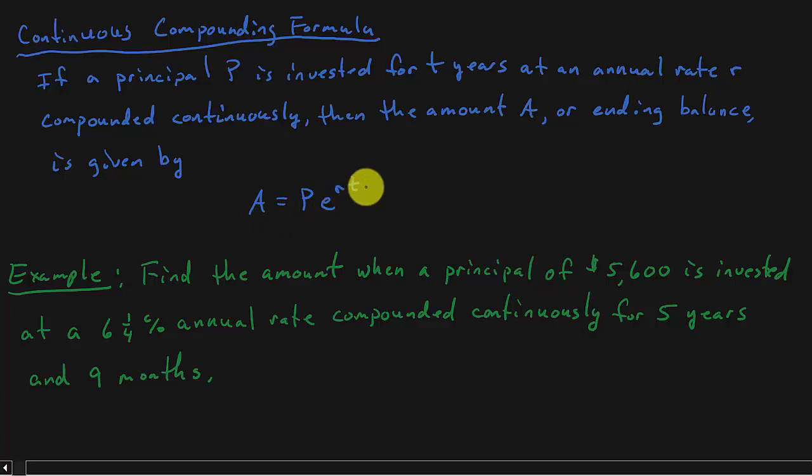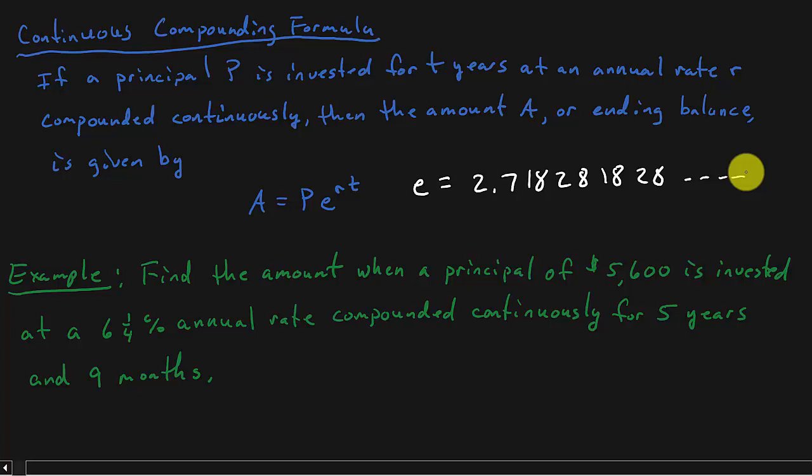All right. So for this one, E is a number, kind of like pi. You know, pi is what? 3.1415, and so on. E is the number 2.718281828, and it just keeps going like that.